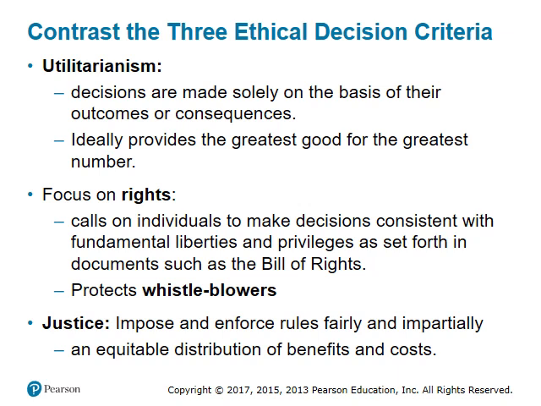The focus on rights calls on individuals to make decisions consistent with fundamental liberties and privileges as set forth in documents such as the Bill of Rights. This particular criterion protects whistleblowers and organizations. The third criterion involves imposing and enforcing rules fairly and impartially to ensure justice or an equitable distribution of benefits and costs. Union members typically favor this view.